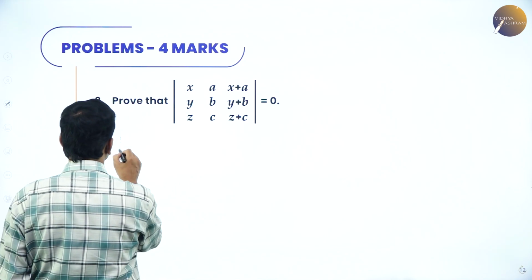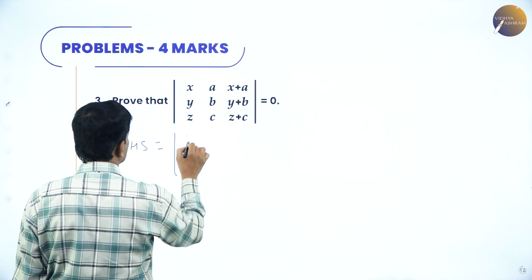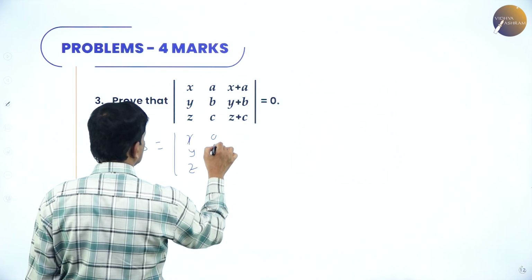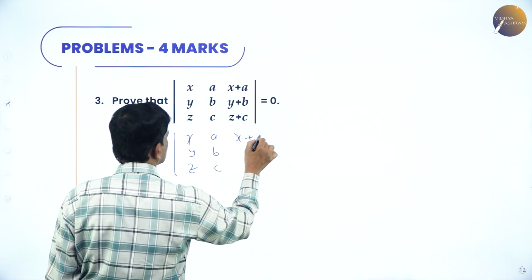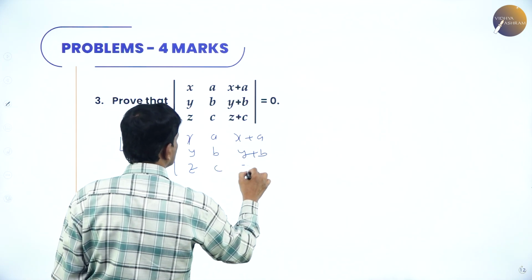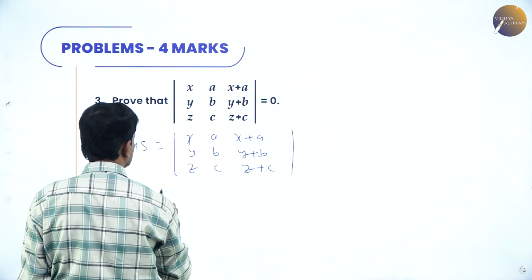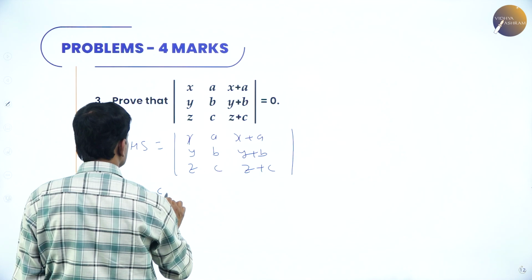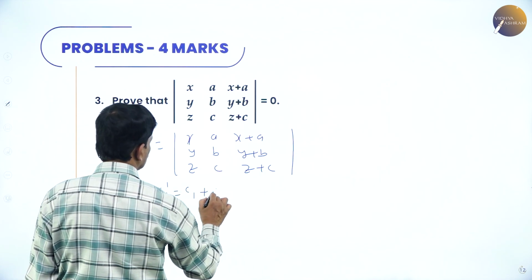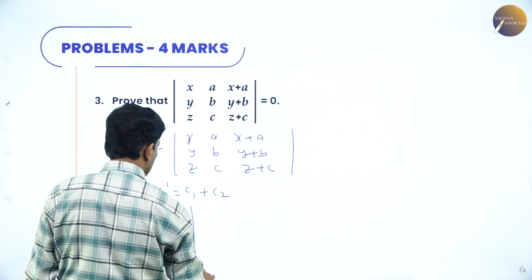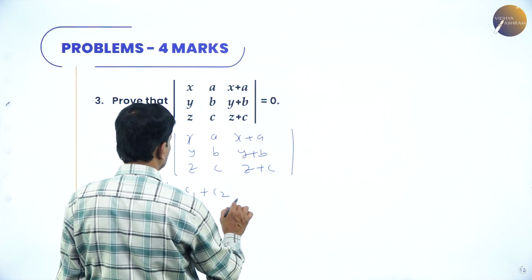Now, let us move on to this. Take LHS: x, y, z; a, b, c; x plus a, y plus b, z plus c. Now, just add these two, that is, C1 dash is equal to C1 plus C2. C1 dash we are going to change.